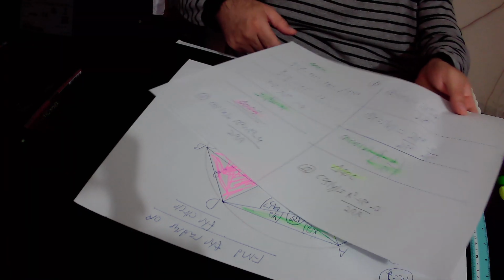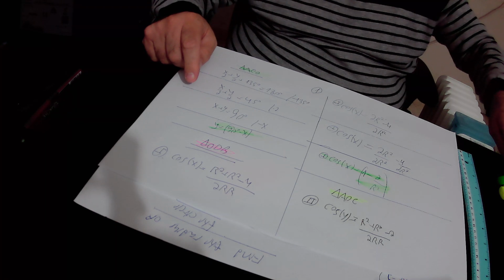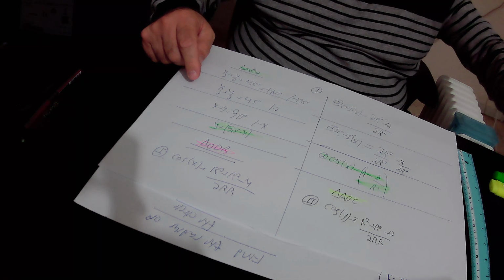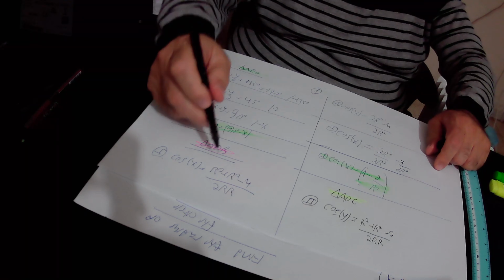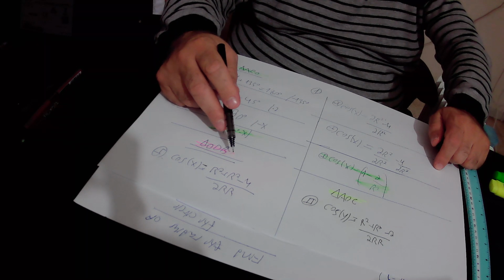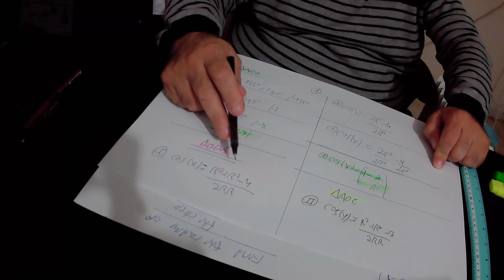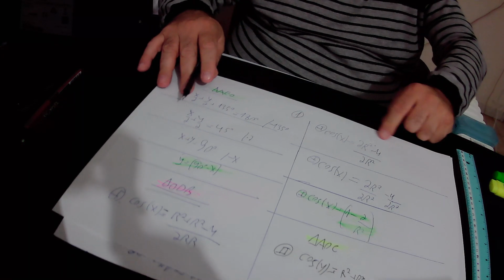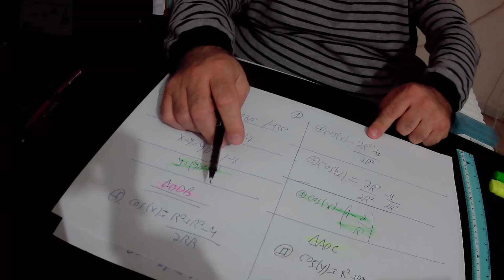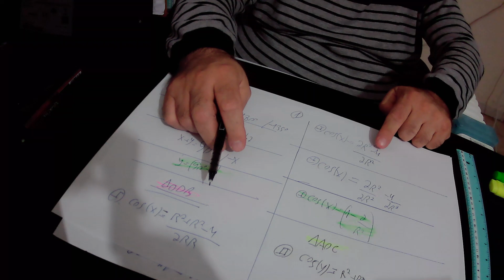So cosine x equals r squared plus r squared, which is 2r squared, minus 4, over 2 times r times r, which is 2r squared.